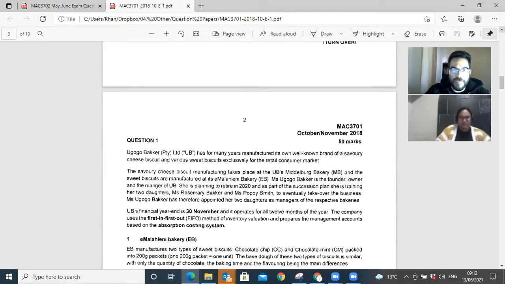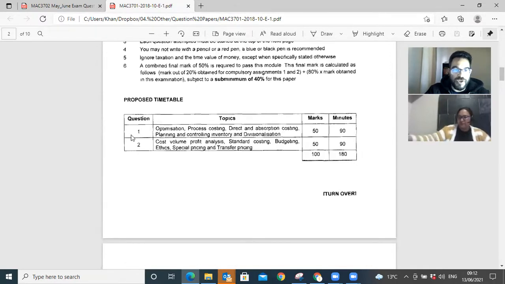So here you can see there are 2 question papers. There's optimization, process costing, direct and absorption costing, planning and controlling inventory, and then devisualization. Those are the topics. Devisualization is basically one of 2 things: either performance management or transfer pricing. Planning and controlling inventory is like budgeting and so forth.